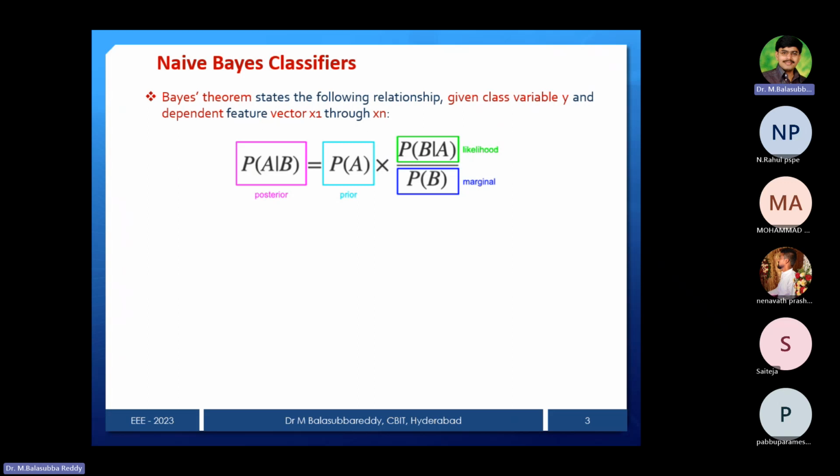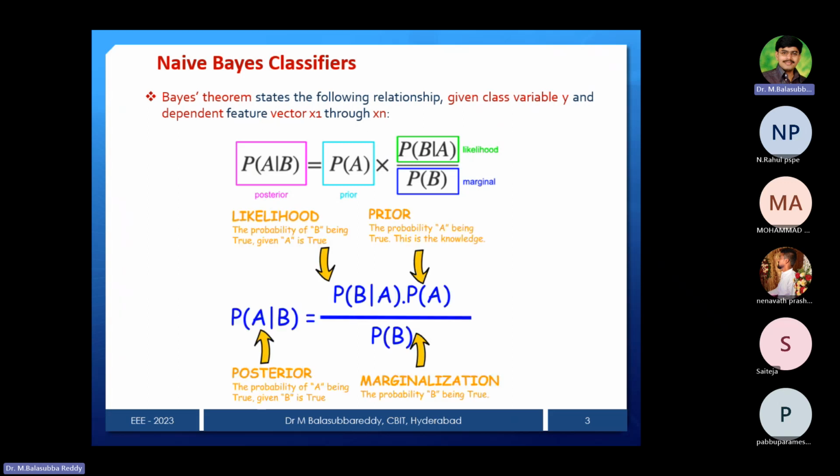These are some terminologies. We can see the same formula. P(A|B), the probability of A given B, we call the posterior probability, meaning the probability of A being true given that B is true.